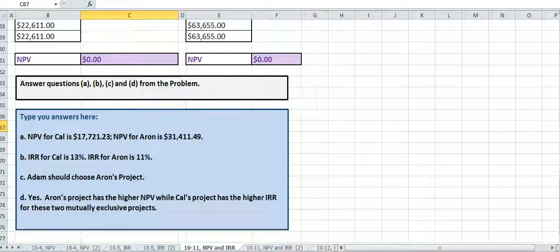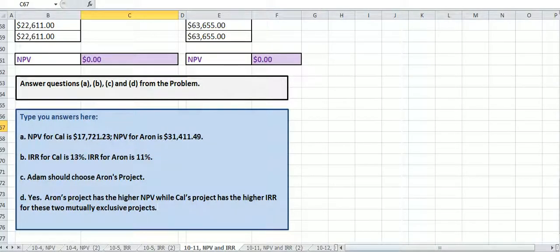Adam should choose Aaron's project, okay? Even though the internal rate of return is lower, you still want to choose the project that has the higher net present value. Yes, Aaron's project has a higher net present value, while Kyle's project has the higher internal rate of return. For these two mutually exclusive projects, you're going to do one or the other.